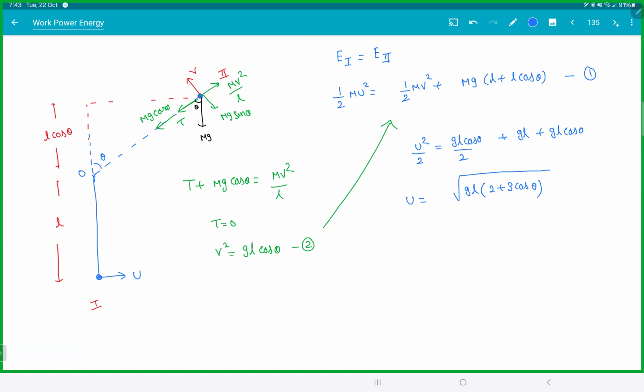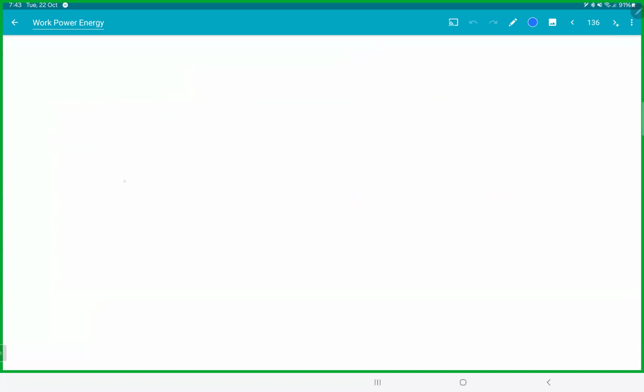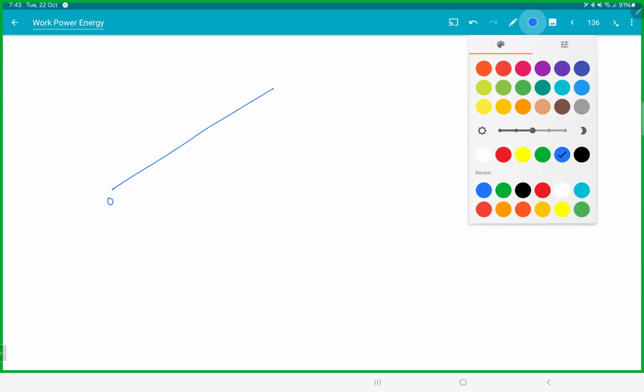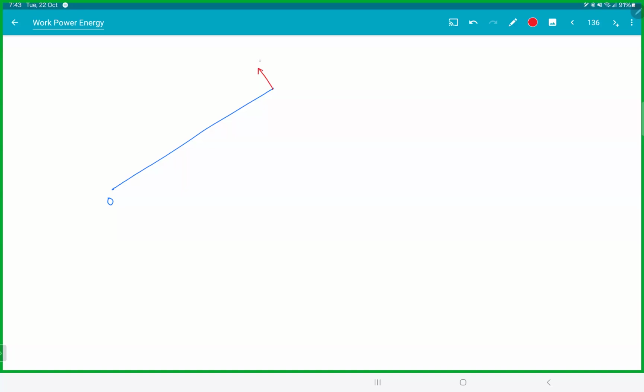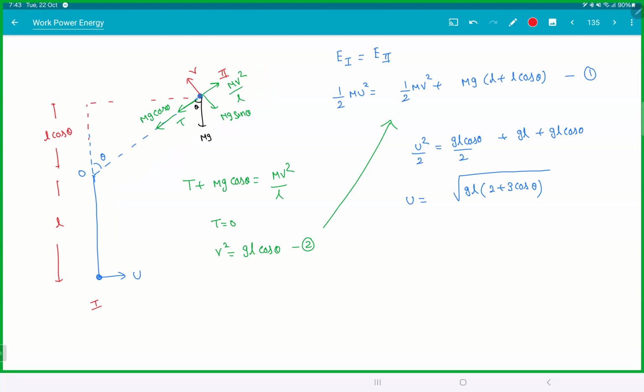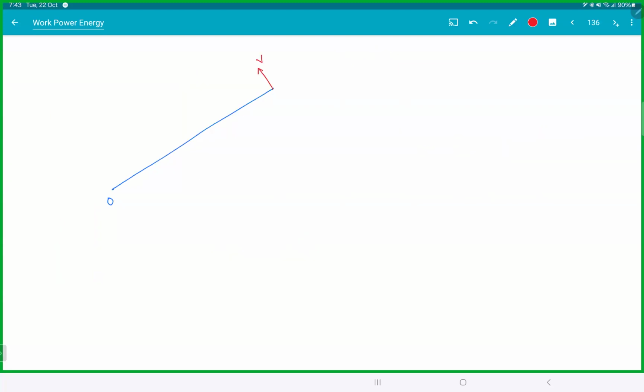Let's see. Now look at this. This was O. So at this point, your velocity was V this way. V I can calculate actually, it is root gL cos theta. So I will choose this as my x-axis. This is my y-axis.